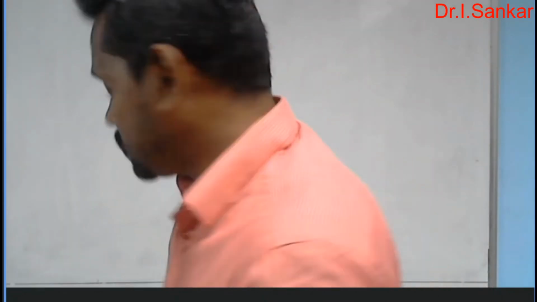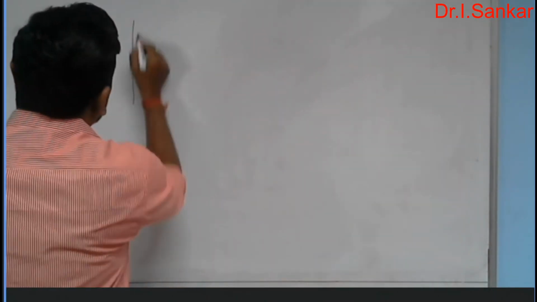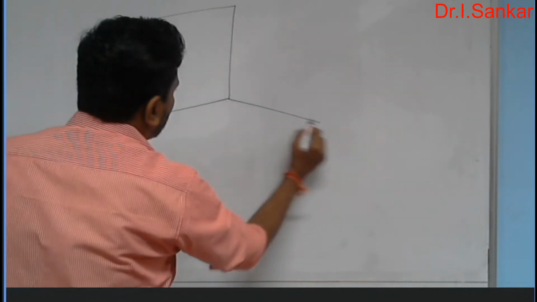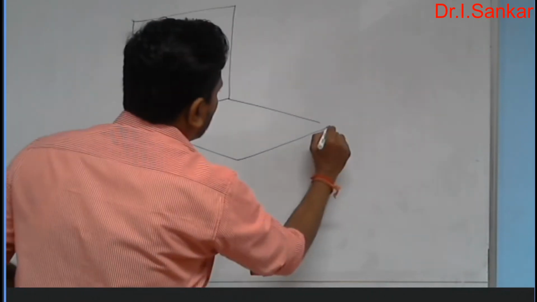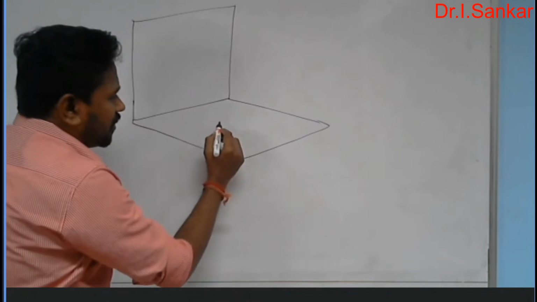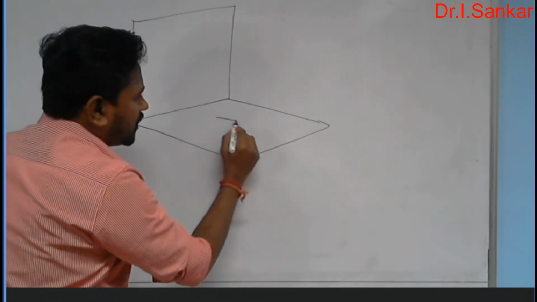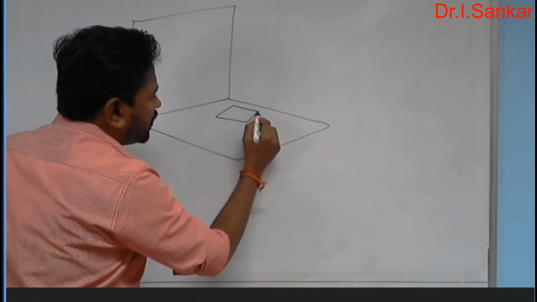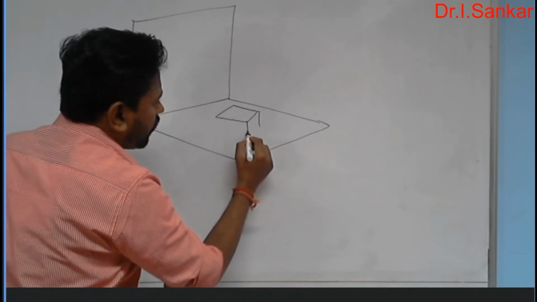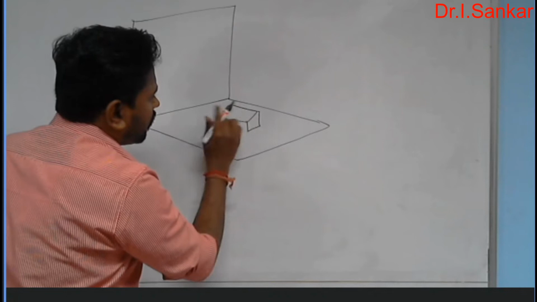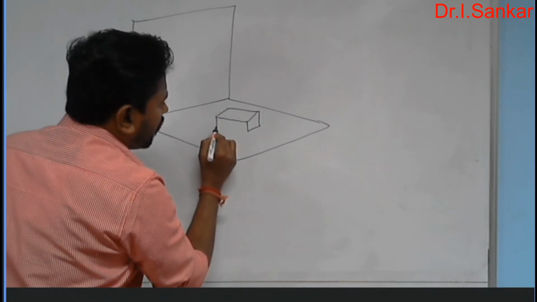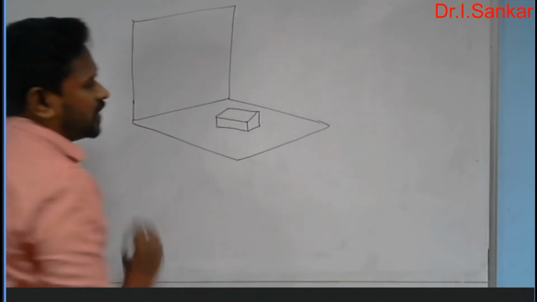So if you simply draw the 3D environment of this, here you have the solid, the square prism, in this way.